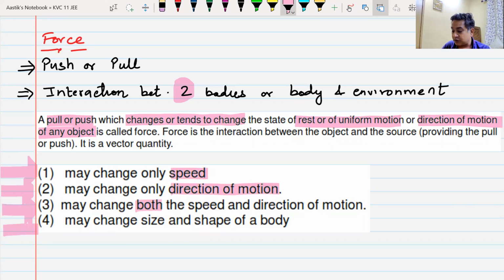Number four, which is going to come probably in the last chapter of 11th, the size and shape of the body. This will come in the chapter known as elasticity, where we are going to change the size and shape of the body using force. Until then, we are only going to do 1, 2, and 3. Change the speed or magnitude of velocity, change the direction of velocity, or change both.